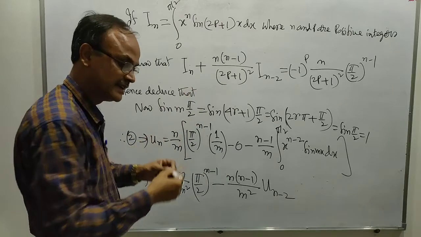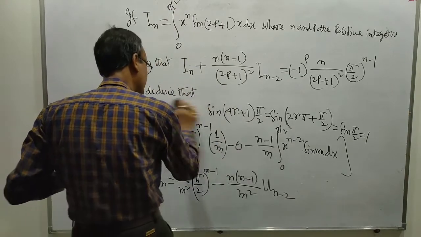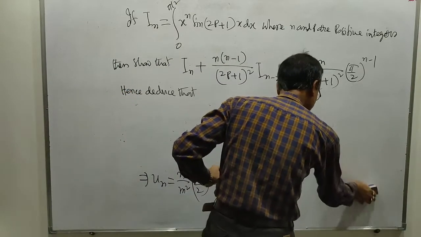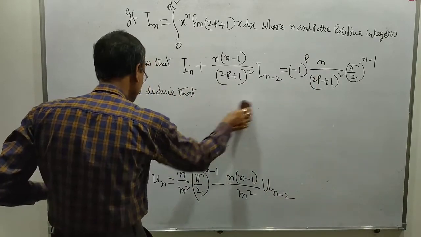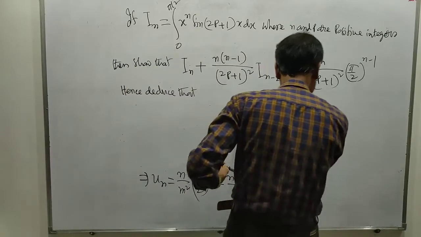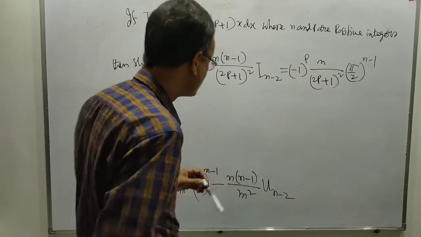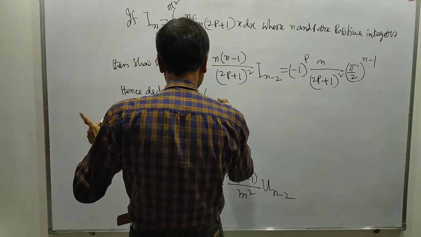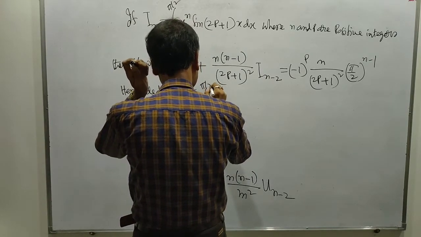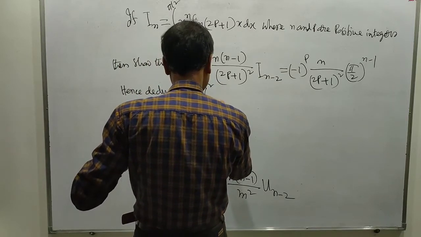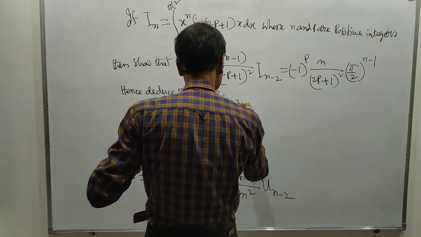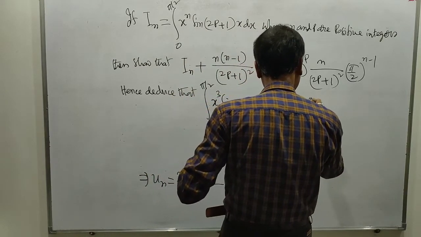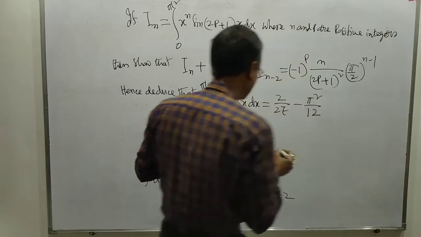Hence deduce that, this problem has already been solved in another way. Deduce that integration 0 to π/2 x cubed sin x dx equals 2 divided by 27 minus π squared divided by 12.